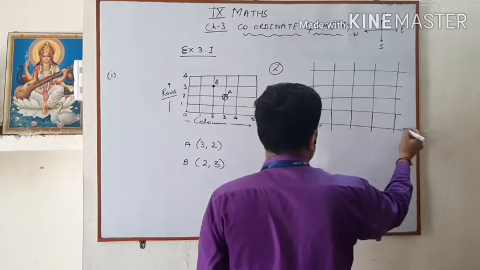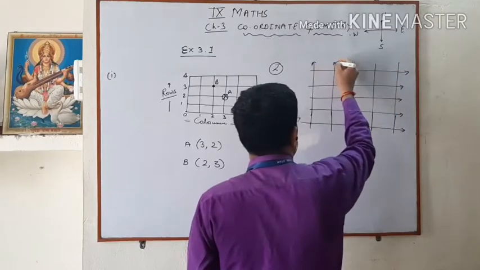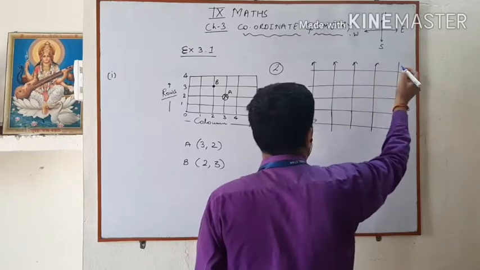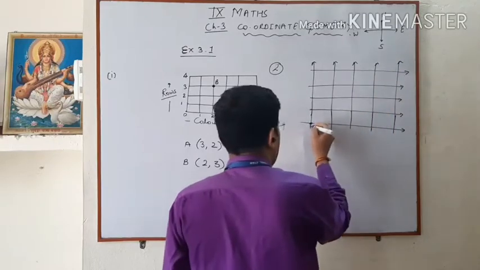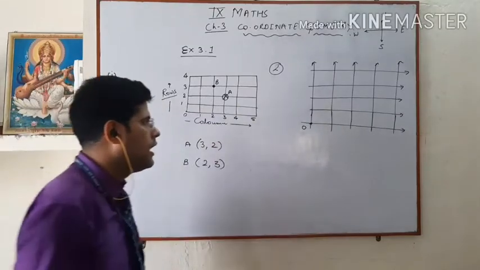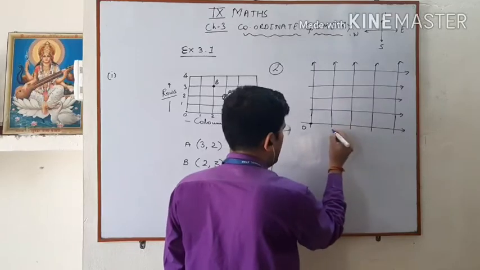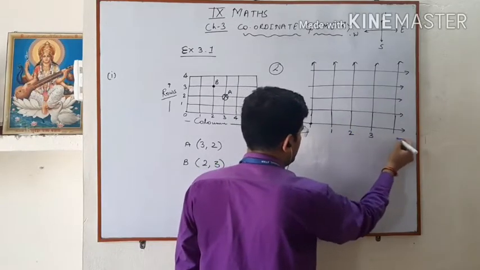Okay, this one is street 1, street 2, street 3, street 4. I am going to write that. Firstly, we have to make the origin point, so I just place 0. Then I am going to write 1, 2, 3, 4.